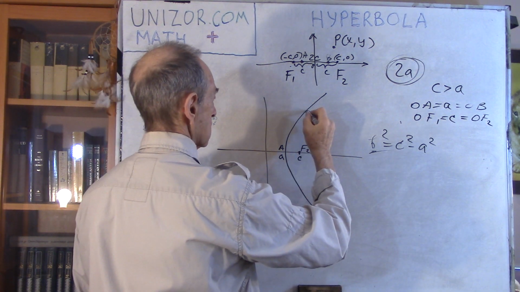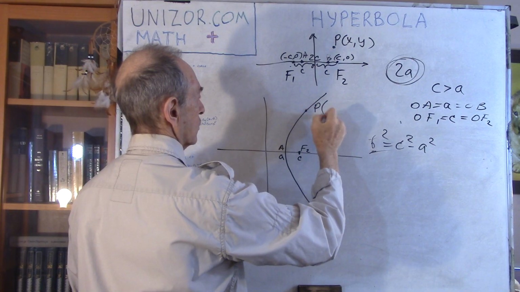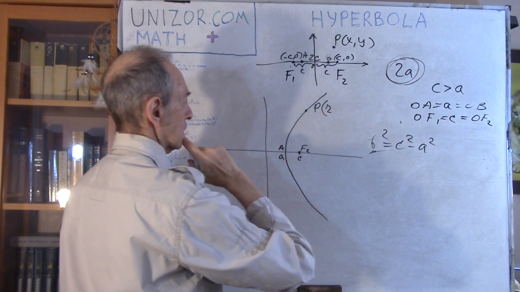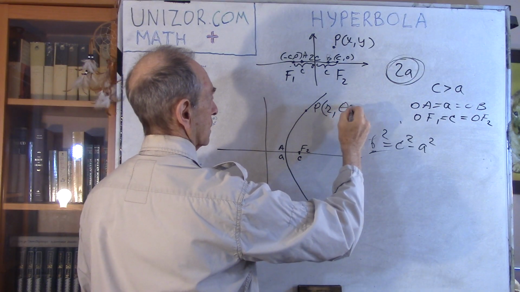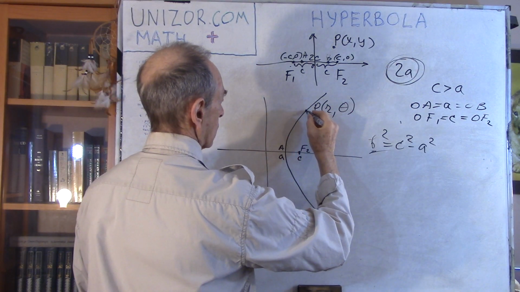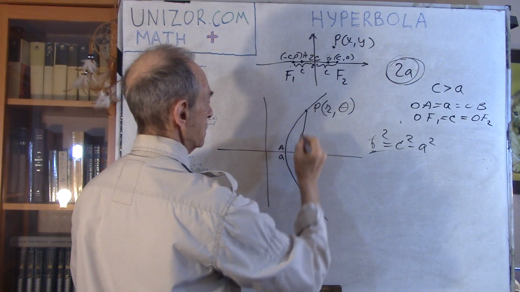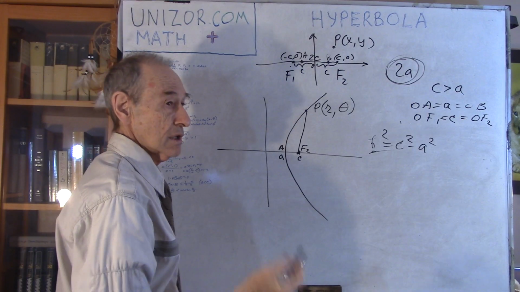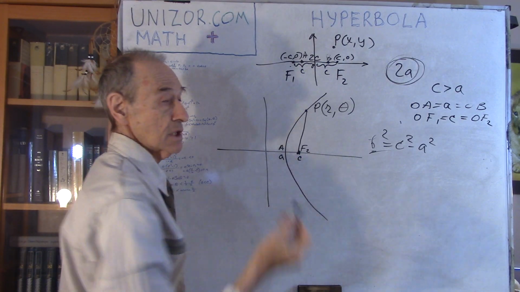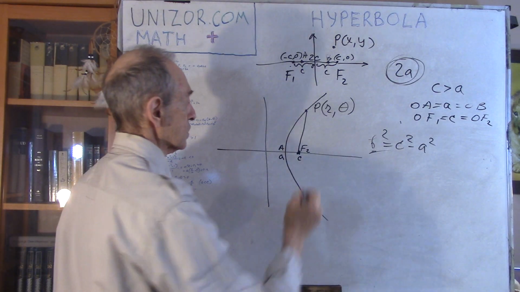Why? Because again, we have a point which is characterized by radius from the origin and angle, right? So the length between point P and F2 is already r, because F2 is an origin of polar coordinates.